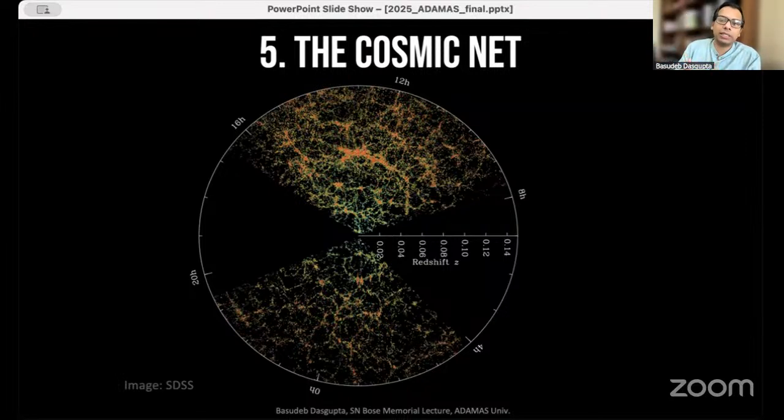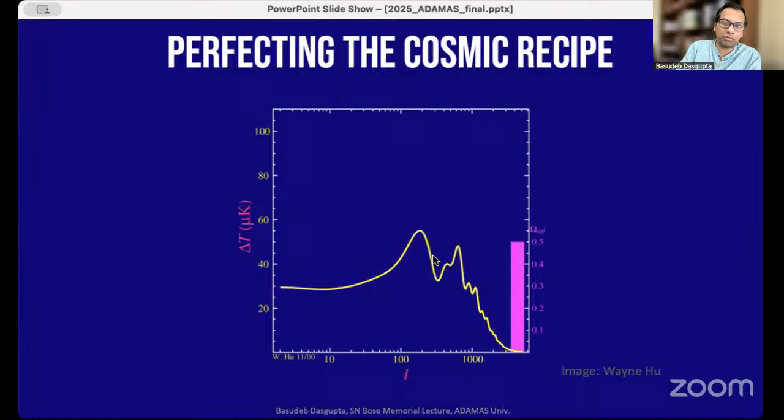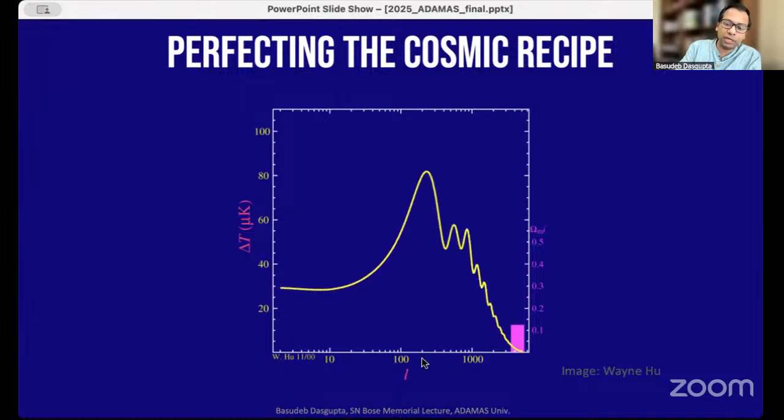This is basically an informal way of saying that there is excess correlation of finding galaxies at a particular spatial separation. This scale corresponds to the baryon acoustic oscillation scale, and in fact, it has to do with the size corresponding to this first peak.